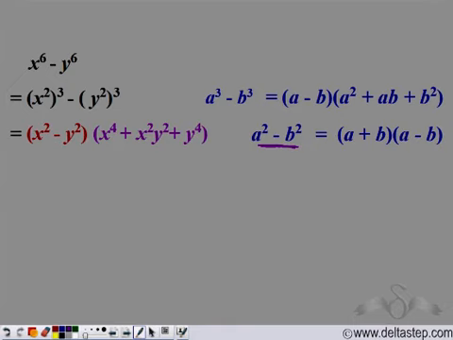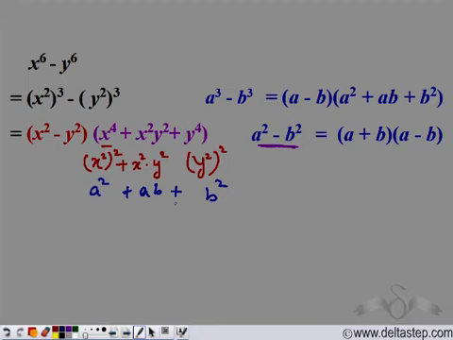Now what about this part? This is x square whole square. This is y square whole square. And this is x square into y square. So if we consider x square to be a, then this is a square, this is b square, and this is ab.